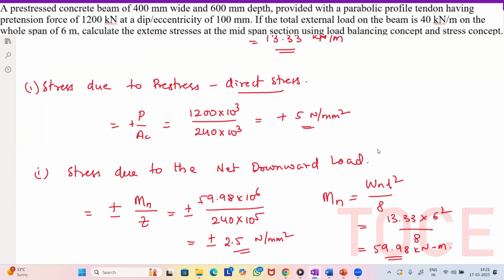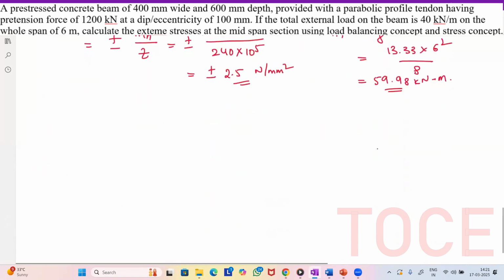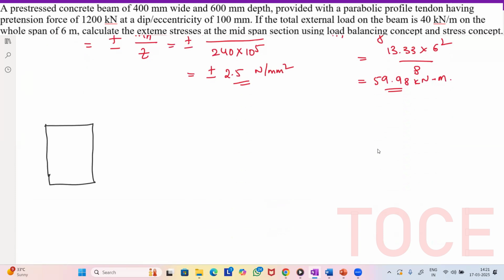Okay. Now let us draw the stress distribution diagram. The beam with the tendon at the center. So we need to draw the top line and the bottom line for reference, and the center. Okay.